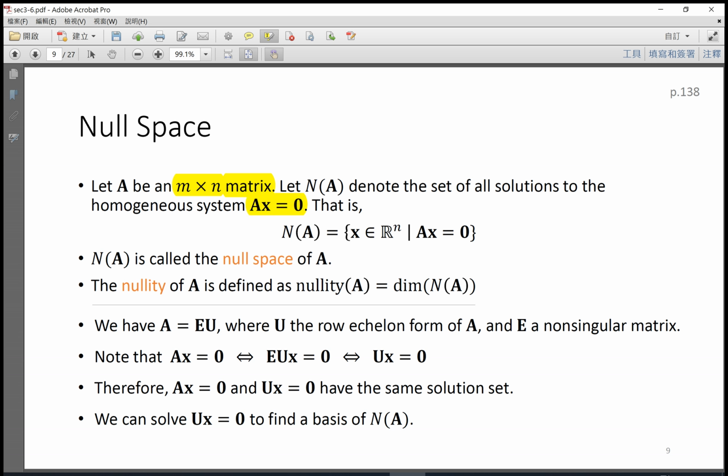That is, N(A) is the set of vectors X in Rn such that AX equals the 0 matrix. N(A) is called the null space of A, and we define the nullity of A to be the dimension of the null space of A.